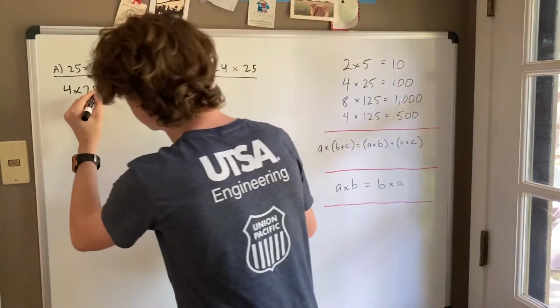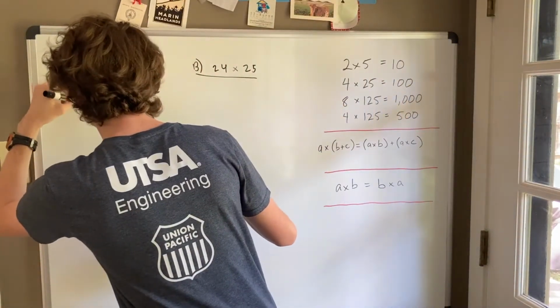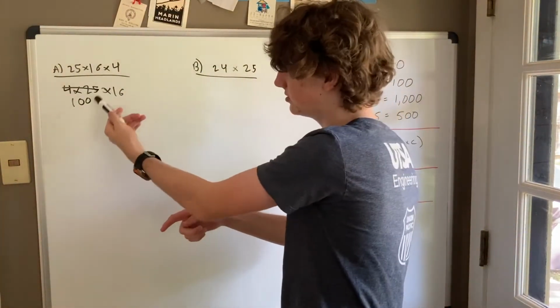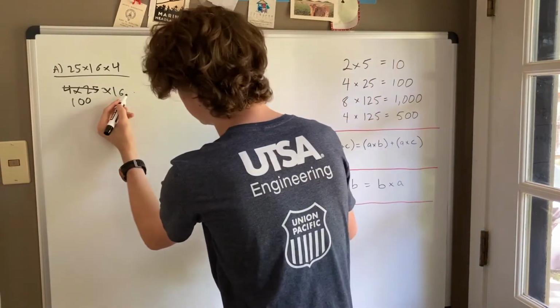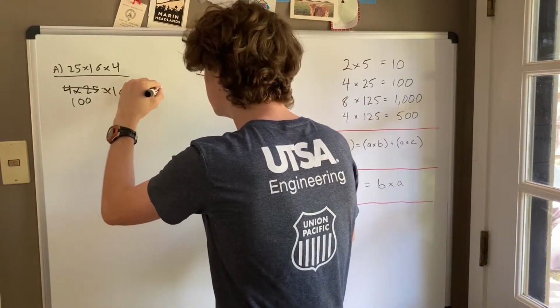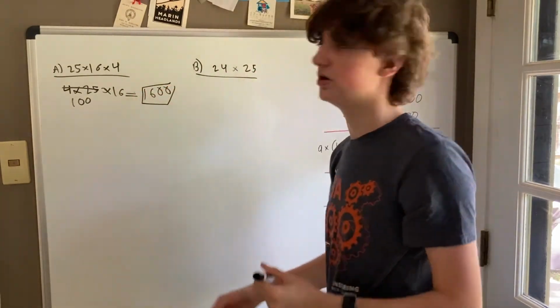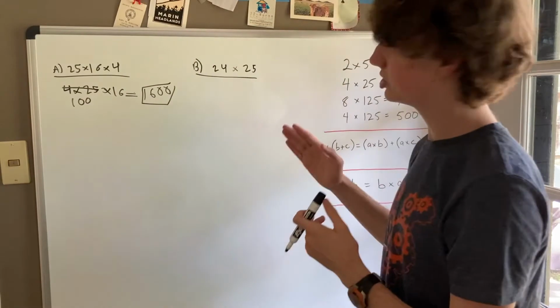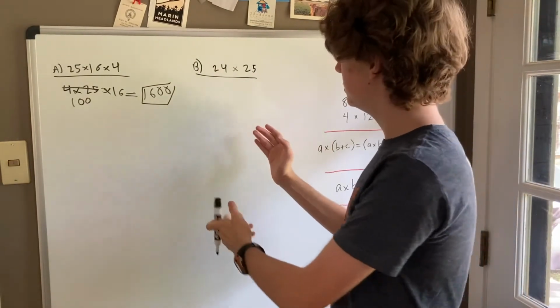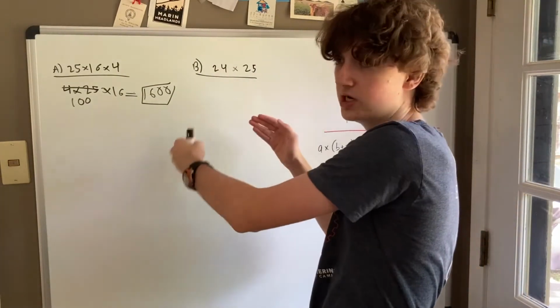Now we can just cross this out, and we just have 100 times 16, which, simple enough multiplication, 1600. Boom, solved.